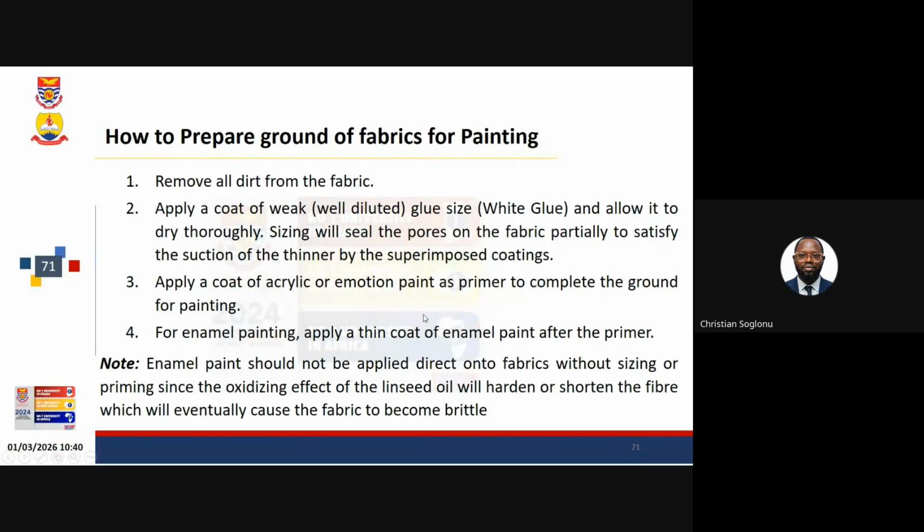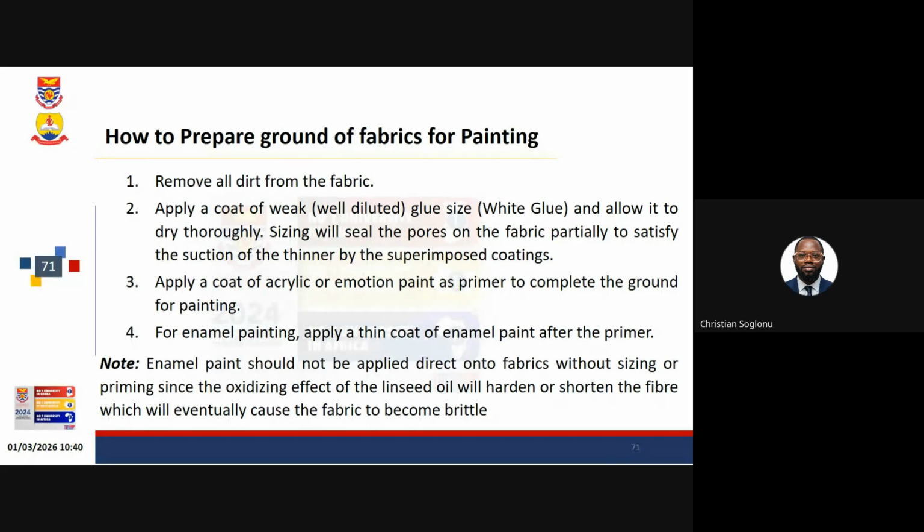Okay. So how to prepare ground for fabrics for painting? It says remove all dirt from the fabric. Two, apply a coat of weak, well diluted glue size, white glue, and allow it to dry thoroughly.